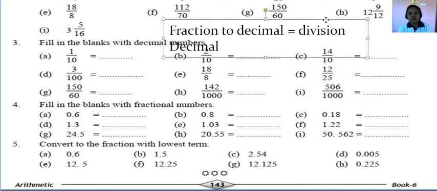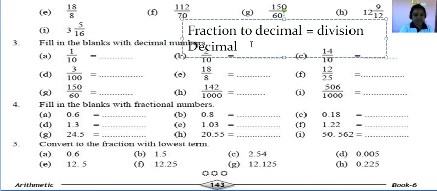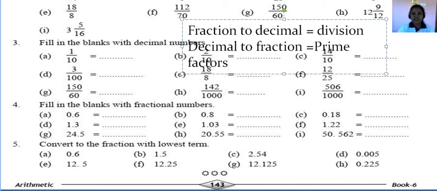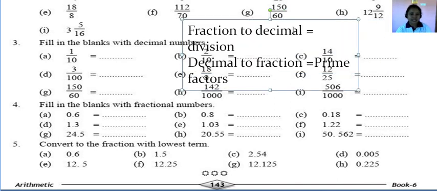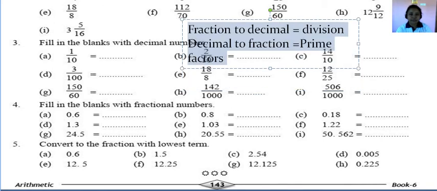From fraction to decimal, we have to use the division process, and from decimal to fraction, we have to use the prime factorization process. So this one you have to understand, and make sure you use it every time.